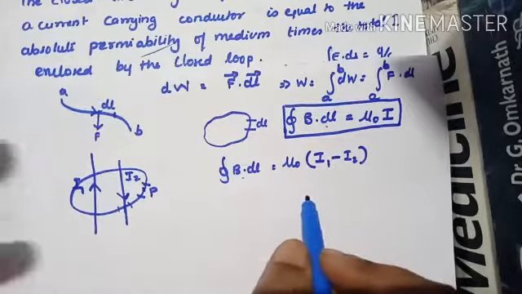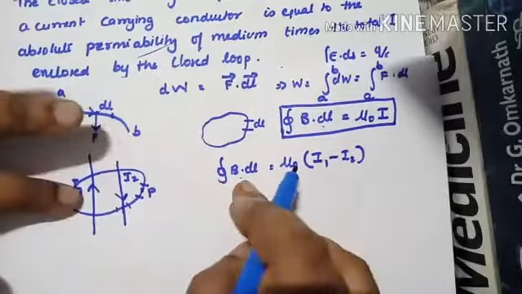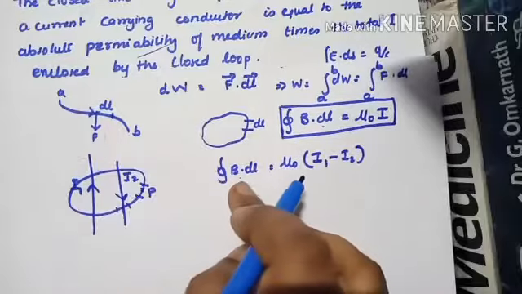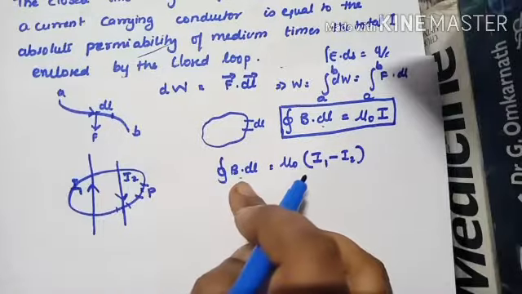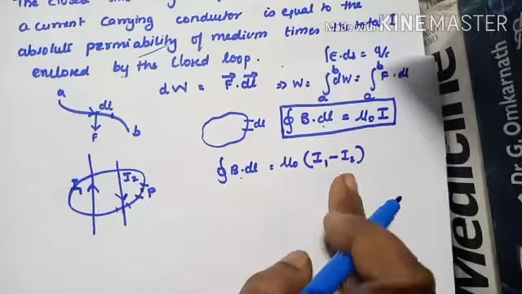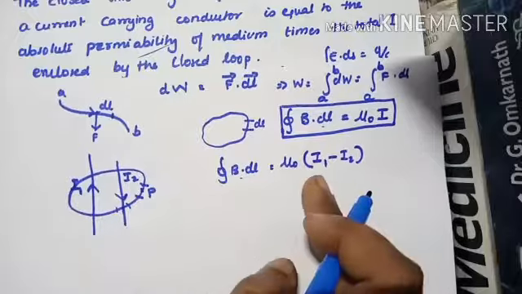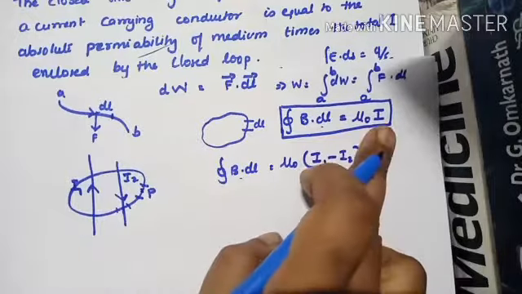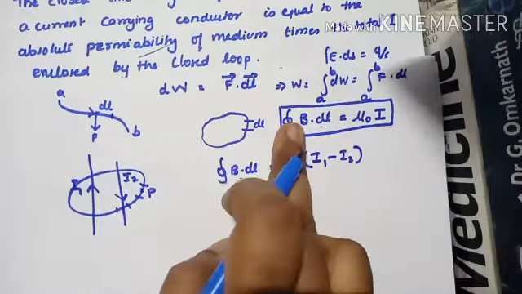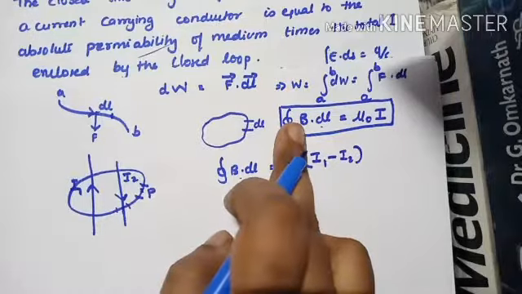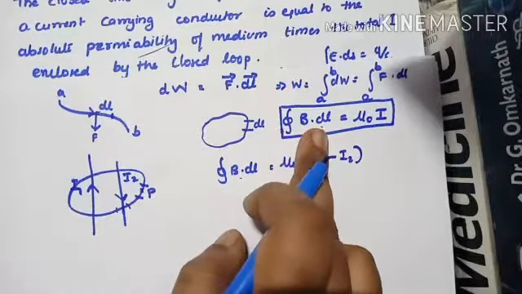Clear? Now suppose there is no magnetic field, then B is equal to 0. When will it happen? When there is no current. When I is equal to 0, then B will be equal to 0. Now what happens when B is perpendicular to the length?